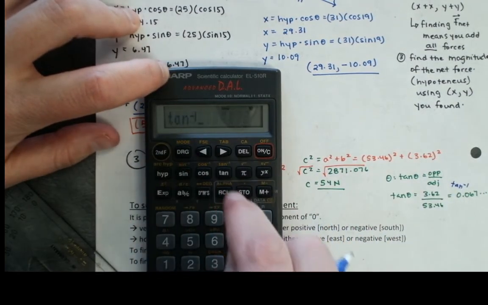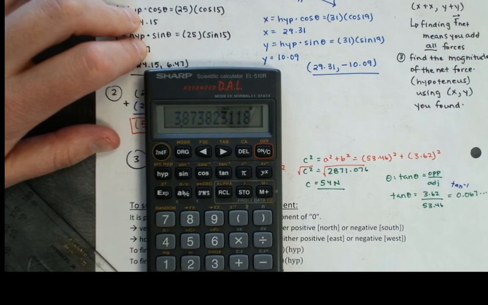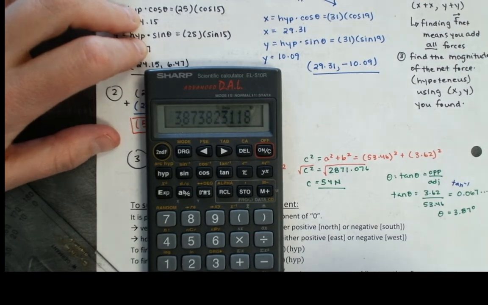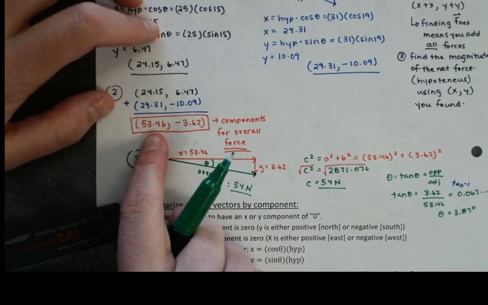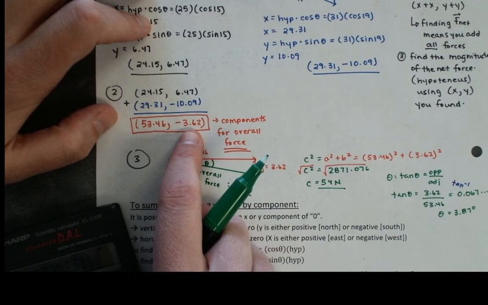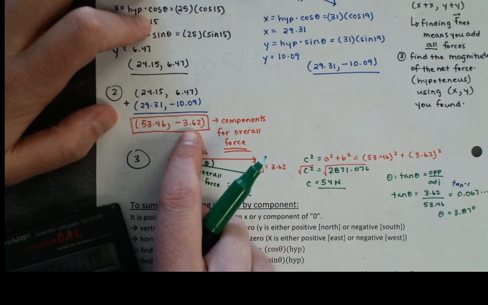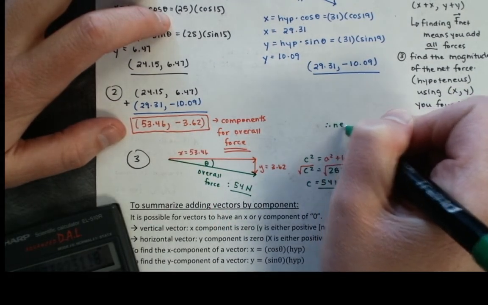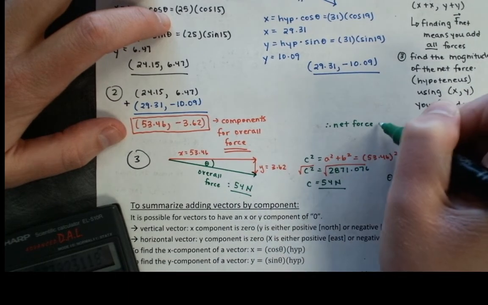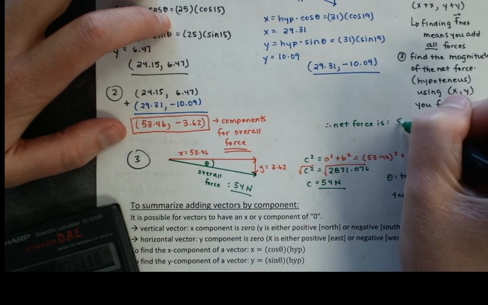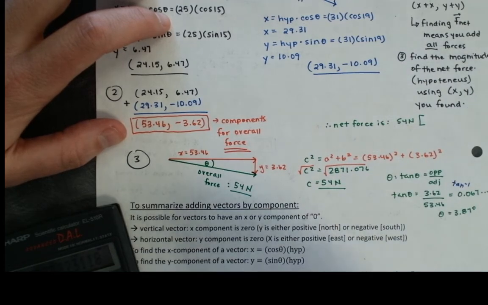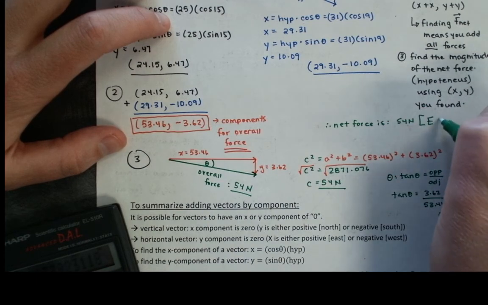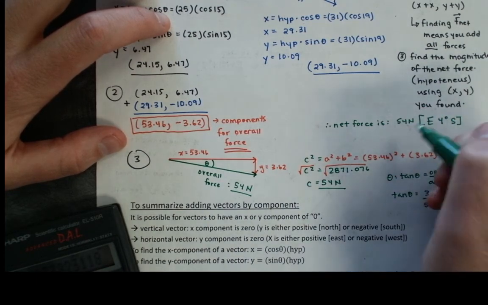So we have to second function tan it, and we do get a small angle. The reason we get a small angle is because one side of our triangle is really big and the other side is really small. So it's a very small angle from the horizontal. So the net force is 54 newtons. Now our angle, we measured from the east, and it was 4 degrees to the south.